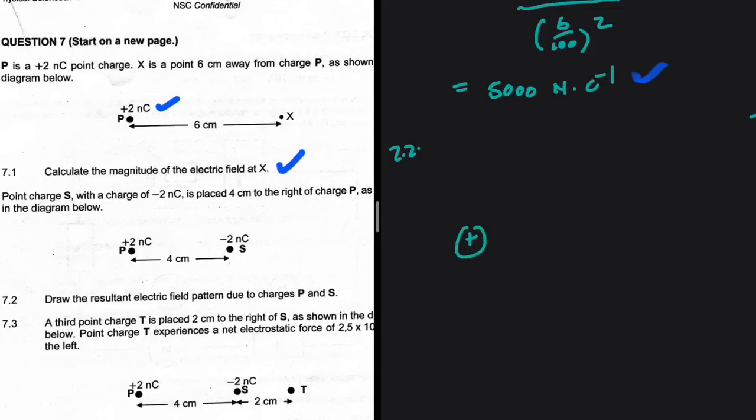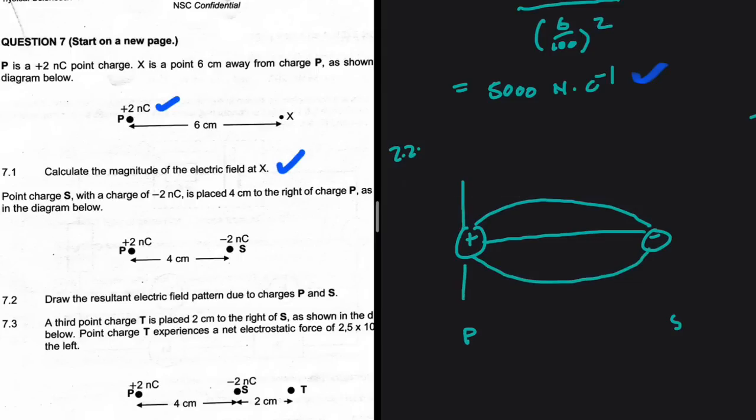P is positive and S is negative. We expect the field lines to point away from P, because it is positive, and point towards S because it is negative. Okay, so let me just write that nicely. Let me just add all the field lines that I'm going to use here, and then I'll worry about the direction after.